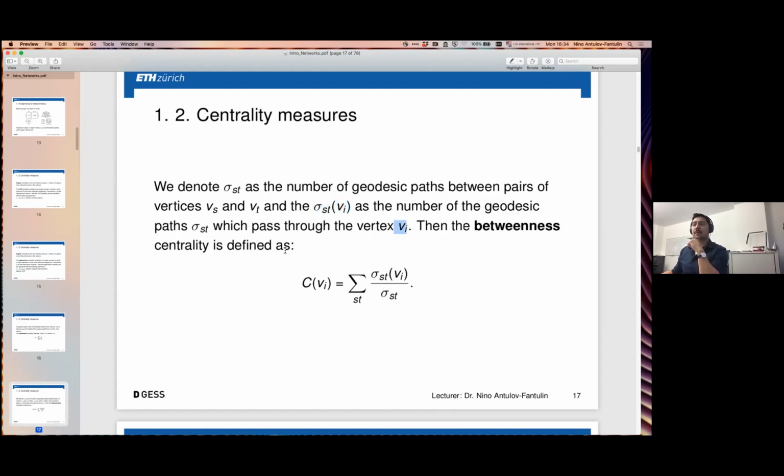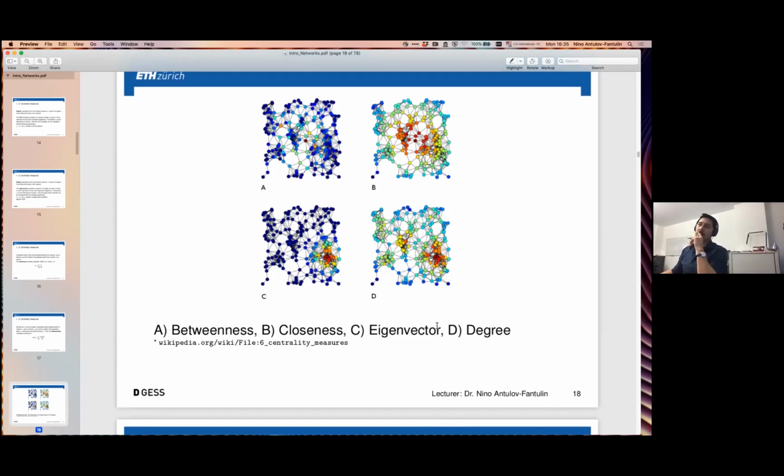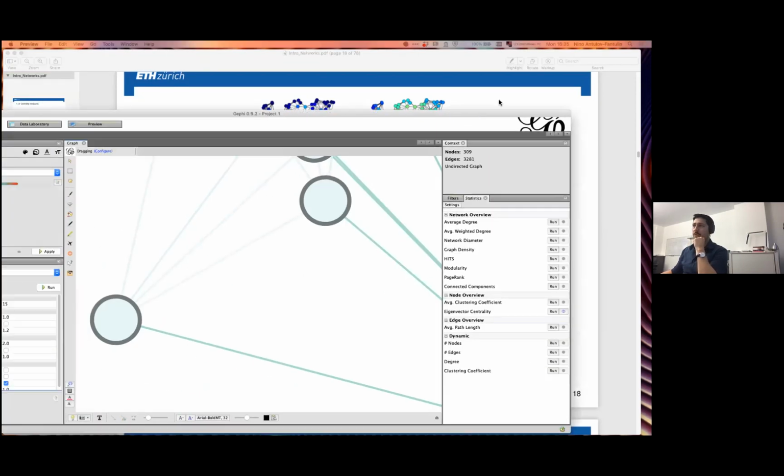The betweenness centrality would then be expressed via the following equation, where we sum across all pairs and normalize it. With respect to these four definitions of betweenness, closeness, eigenvector, and degree centrality, you can see that the same network can have different values when we are talking about the importances of nodes.